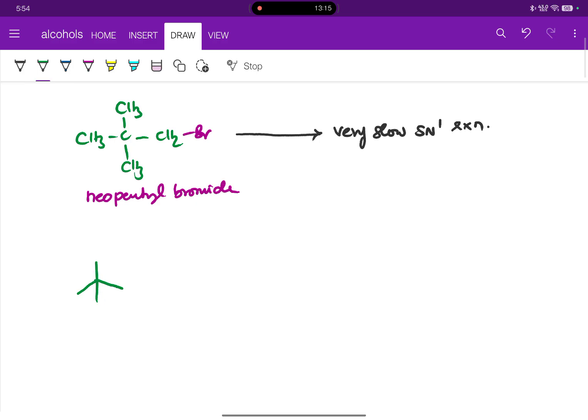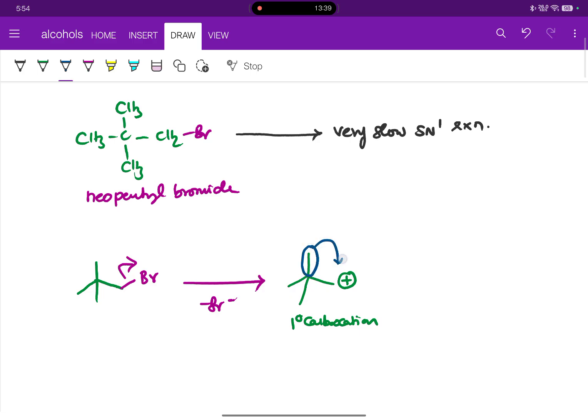So for example, you take this bromide. What is the first step for SN1? Formation of carbocation. So this is a primary carbocation, correct? A primary carbocation is always unstable. So what will happen?